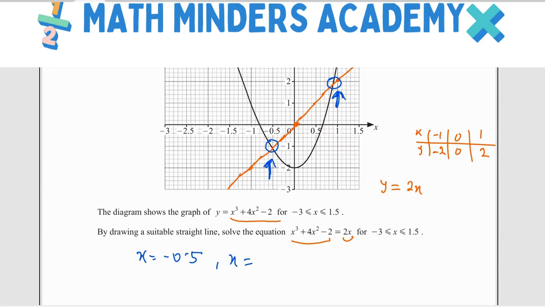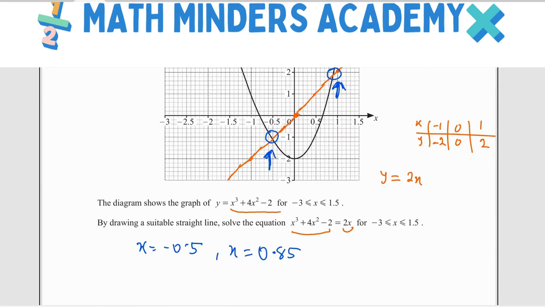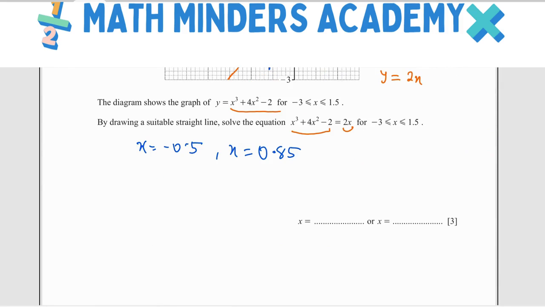So that is going to give us 0.85, or 0.9. So there's going to be some allowance here, an interval that will accommodate some errors. But this is what I can get from this: -0.5 and 0.85.